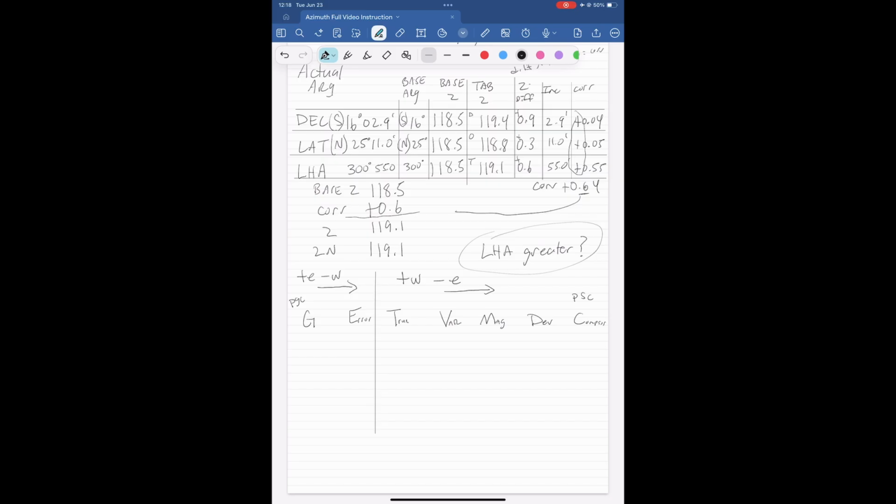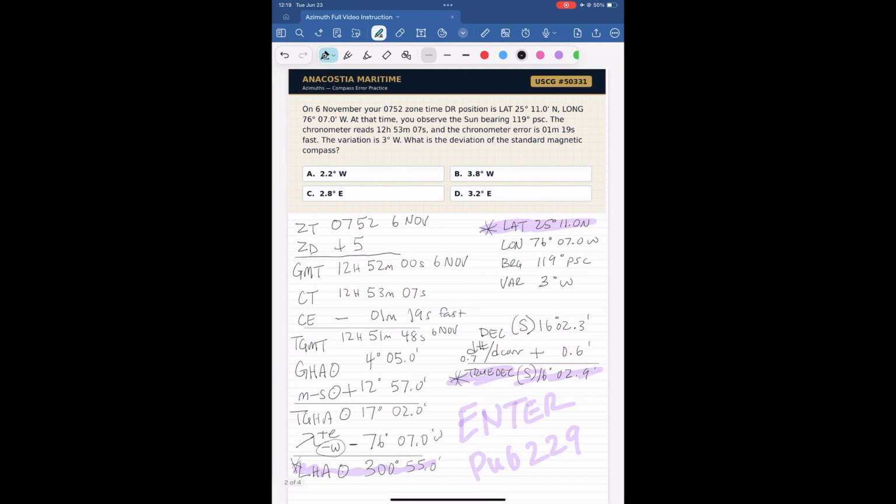So my apologies. Okay, so I'm going to take my true, which is 119.1. I'm going to take my variation that they gave me at the beginning, 3 degrees west. And I know the bearing that was shot was 119 degrees PSC, bearing of the sun.